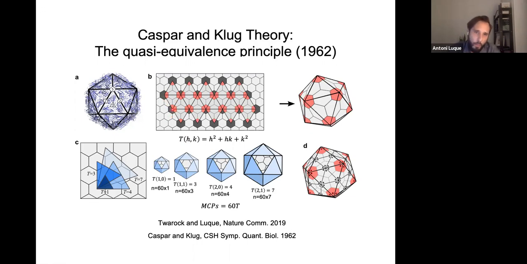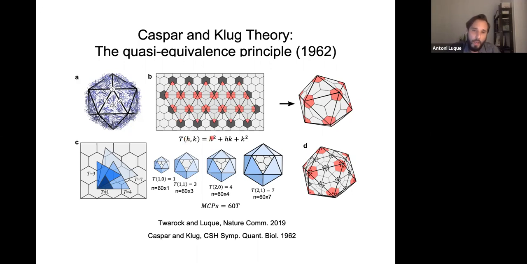In this case, we would do 2 steps in one direction. That will be H equals 2, and that means you will have a capsid that will be the 2,0, the structure we're seeing on the right. If you calculate the surface of this structure, in particular the triangle, and normalize it by the smallest one that you can do, you obtain the T number, which is the index people have used to classify icosahedral structures.